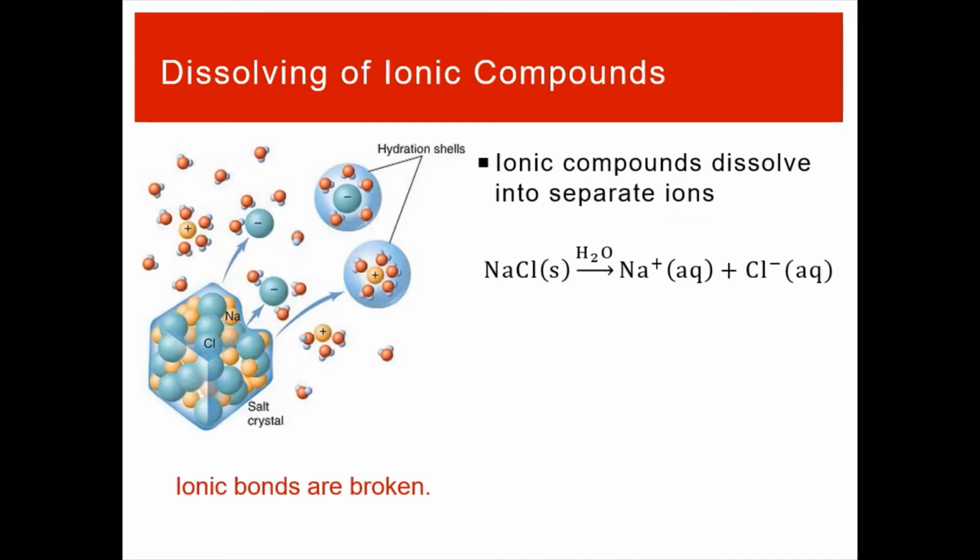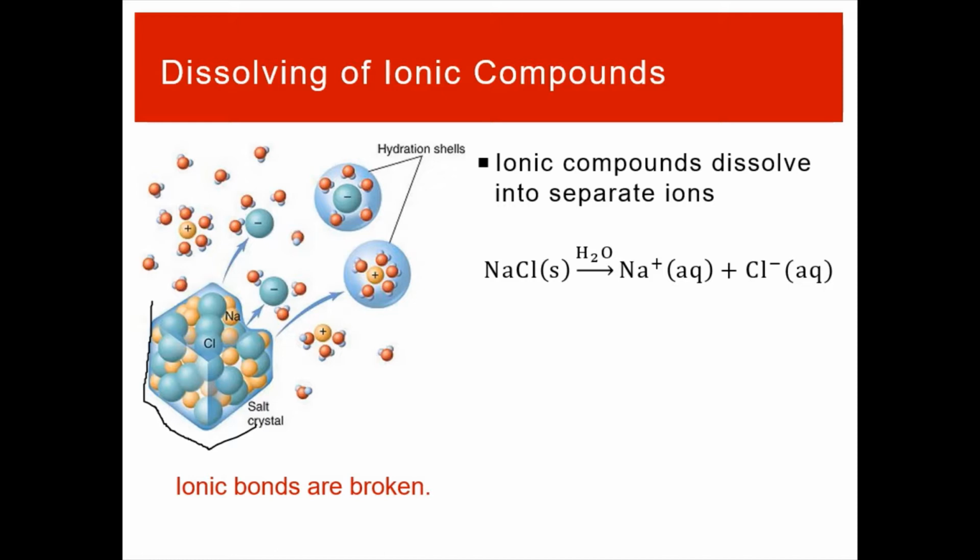If we have ionic compounds, the dissolving leads to breaking of the ionic bonds. So when ionic compounds dissolve, the ions separate from each other. In an ionic solid, say over here in the salt, we have all sorts of cations and anions packed together that are being held together by the attractions of the opposite charges.